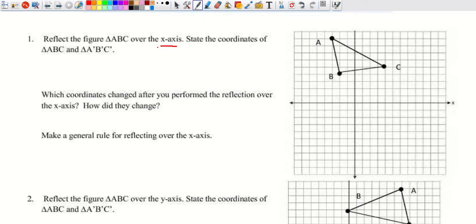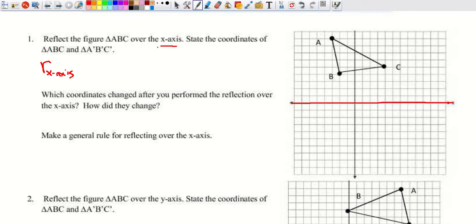The notation for reflection is a lowercase r, and the subscript is the line you are reflecting over. So if I write r x-axis, then I know that points A, B, C are going to become A prime, B prime, C prime. First, I locate my quote-unquote mirror, which is the x-axis right here.